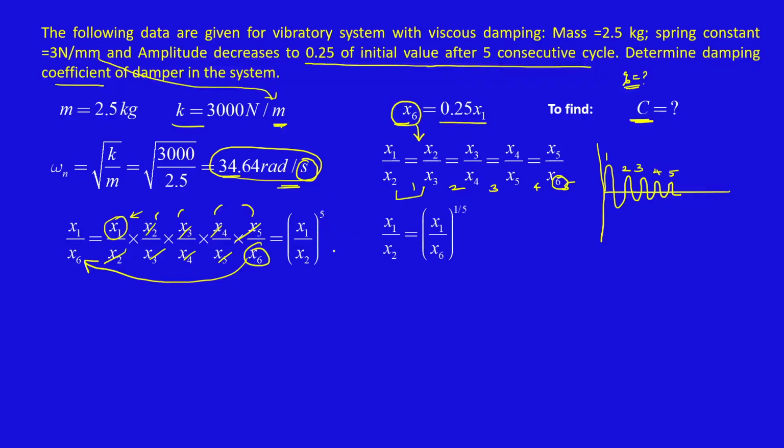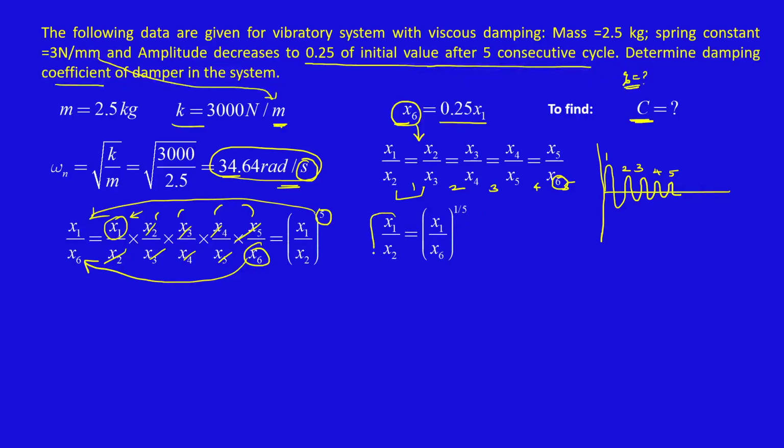From that, x1 by x2 equals x1 by x6 power 1 by 5. So move this 5 to the other side. You will get x1 by x2 equal to x1 by x6 to the power 1 by 5.